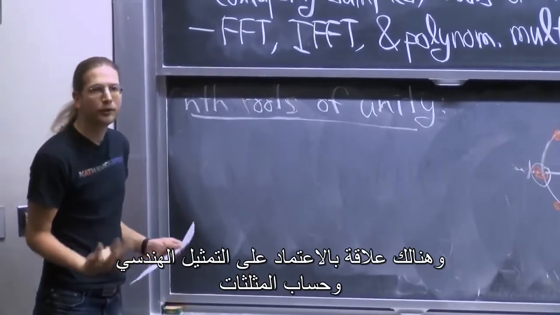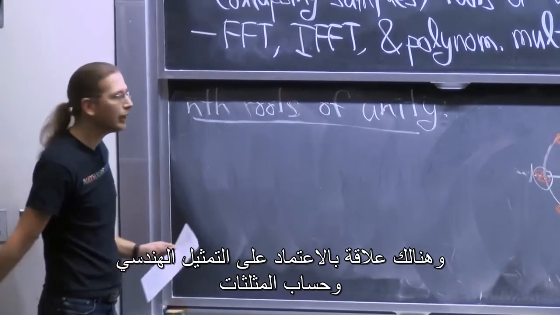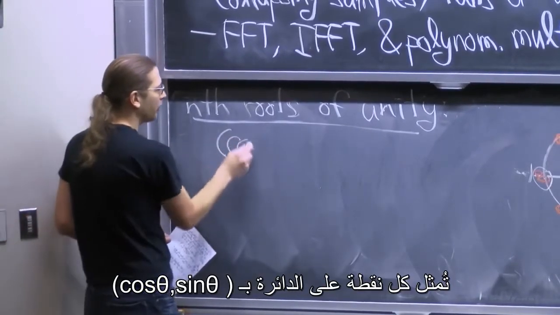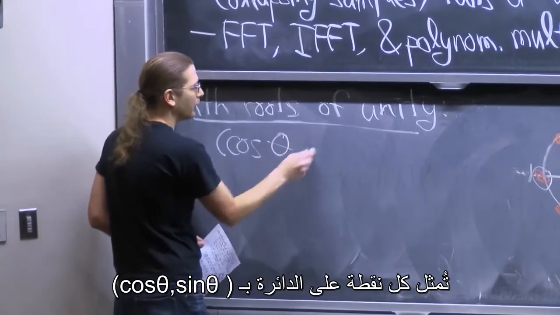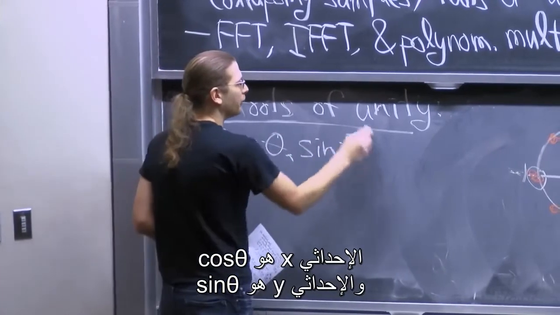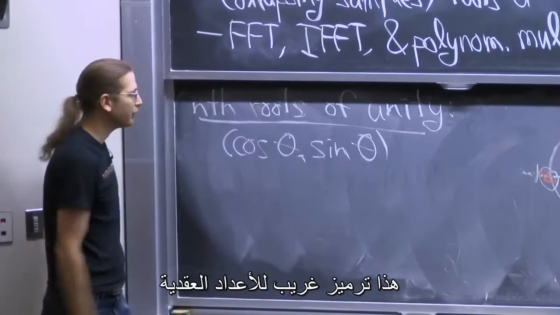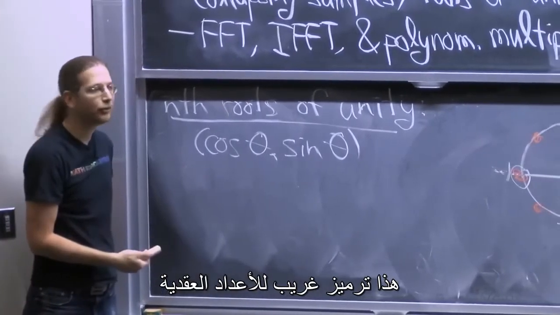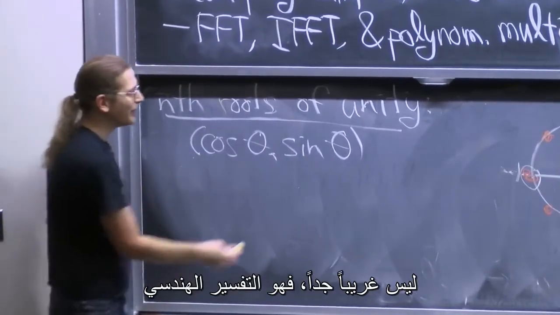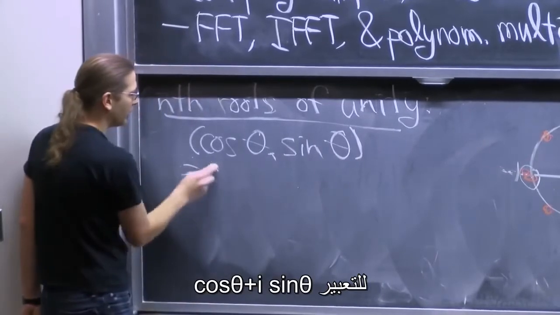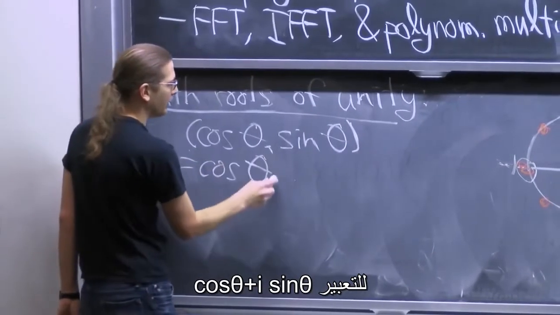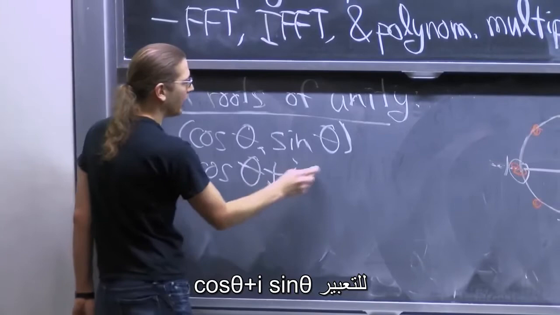And if you know some geometry and how it relates to trig, you know that a general point on the circle is cos theta, comma, sine theta. X-coordinate is cos theta, y-coordinate is sine theta. This is also a funny notation for complex numbers. Not so funny. This is the geometric interpretation of cos theta plus i sine theta.